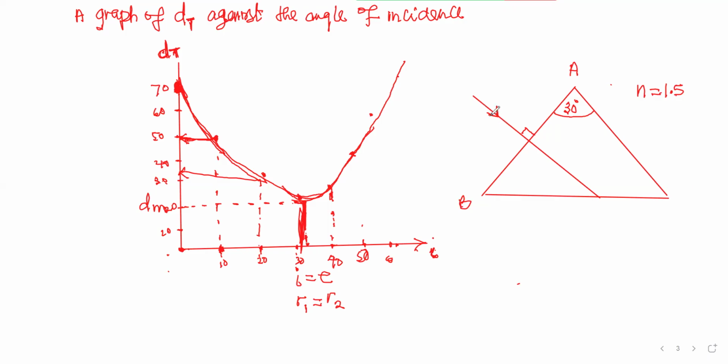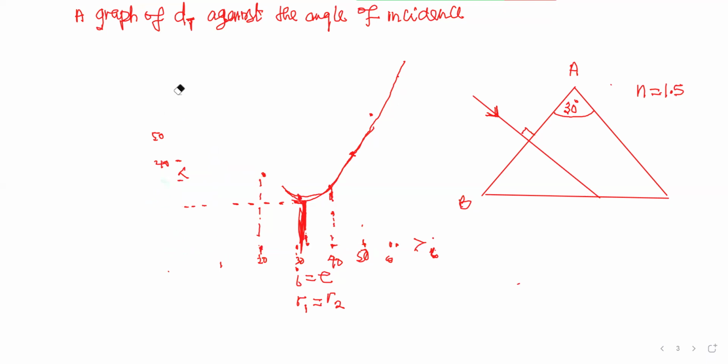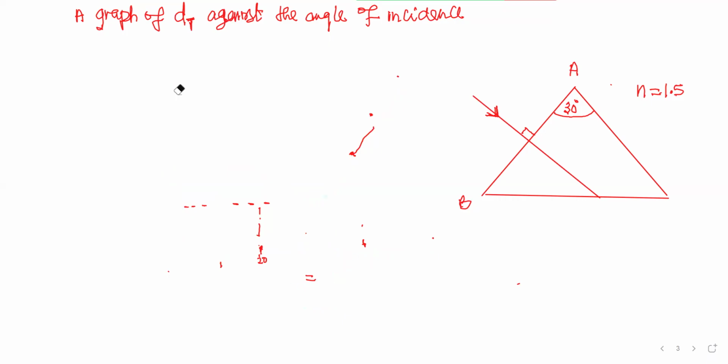Now, if the incident ray makes an angle of 90 with this side, what will be the angle of incidence? Anita, Nanakumi, Elidia?